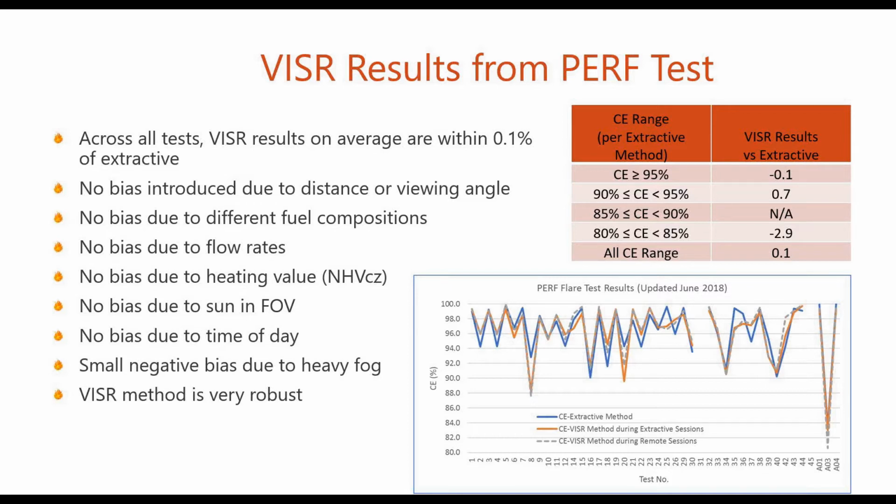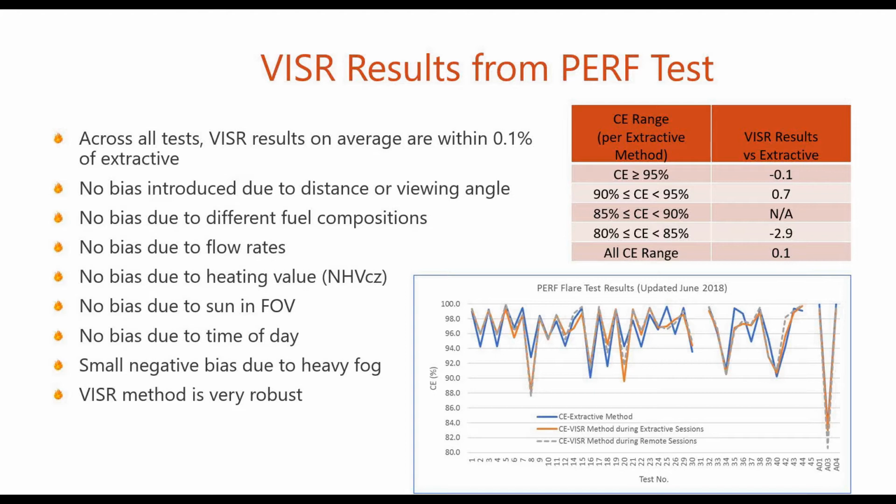The other significant thing we can say from the perf test is that we can show that our VISR method has no bias introduced due to distance or viewing angle, which gives us a wide range of deployment options for our continuous monitoring VISR system. No bias was shown due to fuel composition.